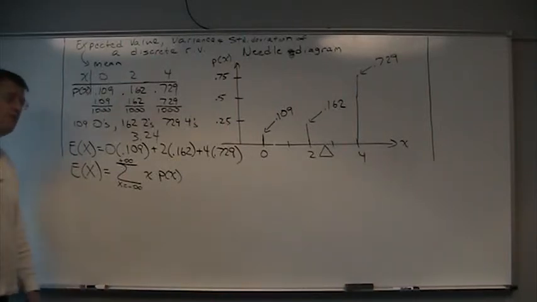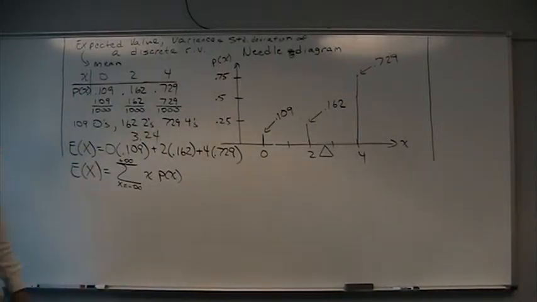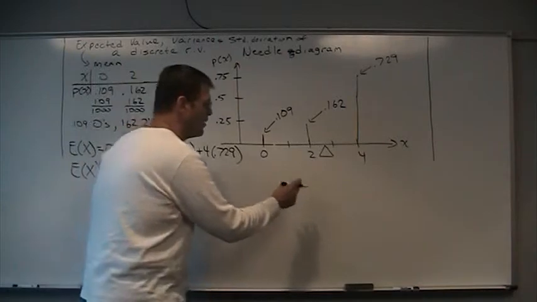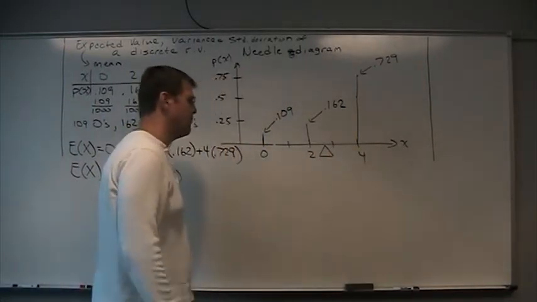In some cases, especially when we get to the continuous case, we may be working with the entire real line, but in this case, we're really only working with 0, 2, and 4 because all the other values of x have probability 0, so we can just ignore them for the sake of the summation. So essentially, putting this triangle over here at about 3 1/4 would cause this thing to balance.